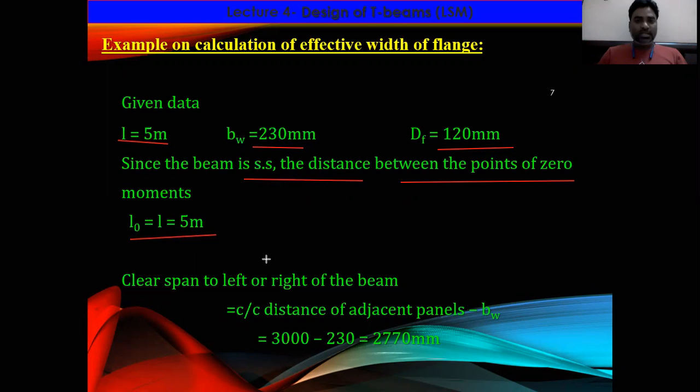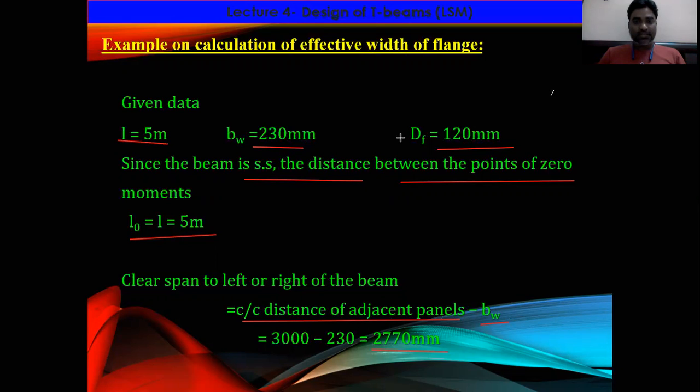So how to determine this effective width of the flange? The effective width of the flange is nothing but the center to center distance of the adjacent panels minus bw, which will give 2770.